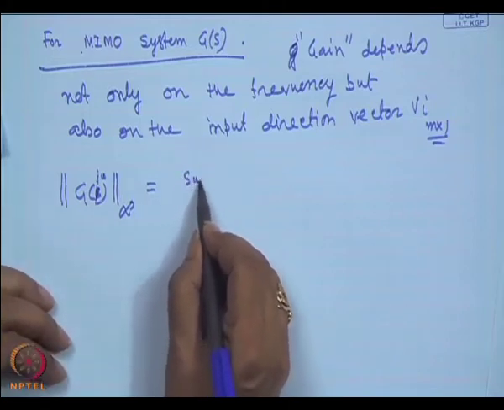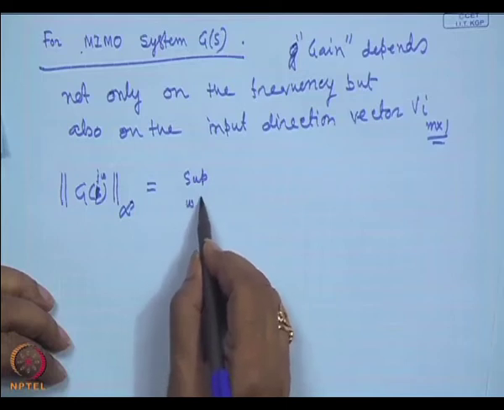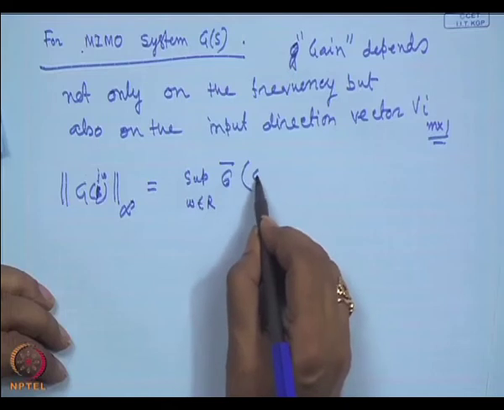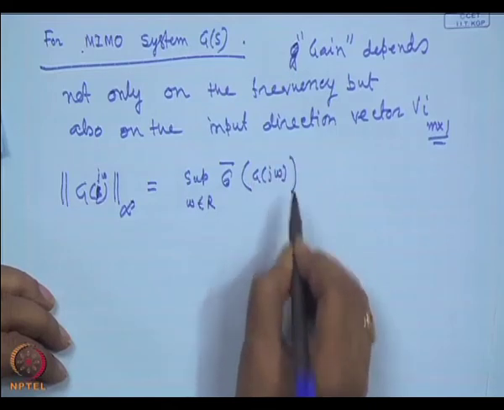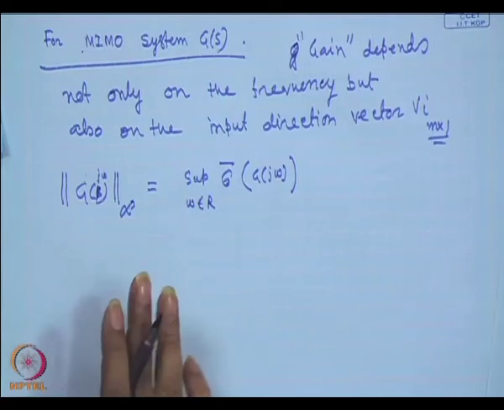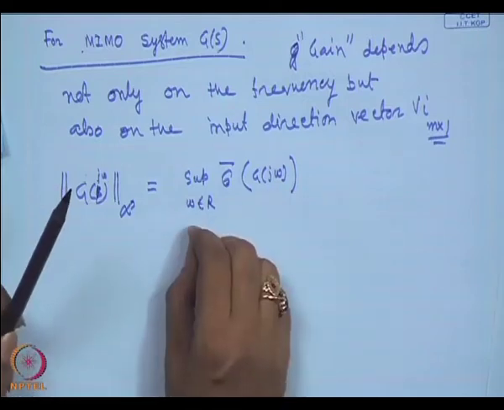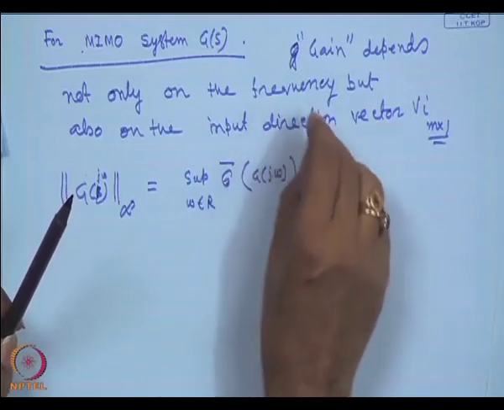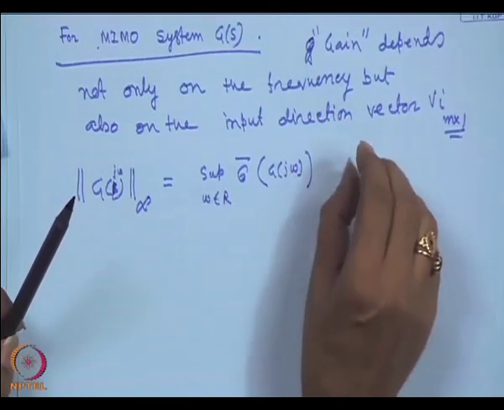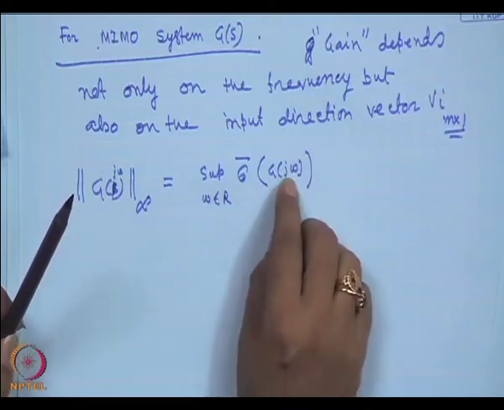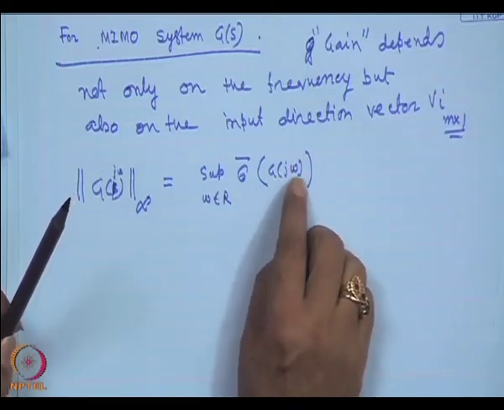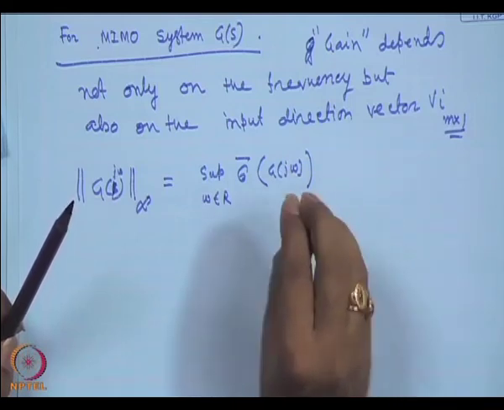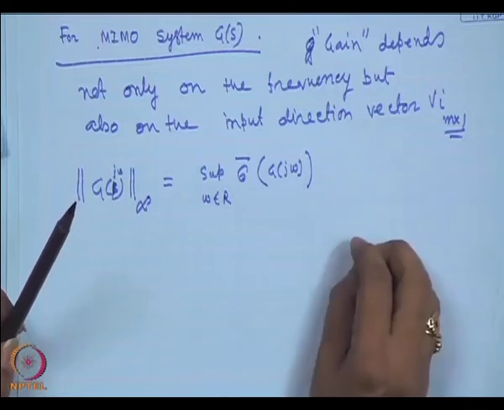In other words, I can write it as the supremum over omega of the maximum singular value of G(j omega). What does it mean? At a particular frequency, I can find the singular values of G, and out of these I record the maximum value. Then at another frequency, I find G(j omega), which is a complex matrix of rational functions, and record its maximum singular value.